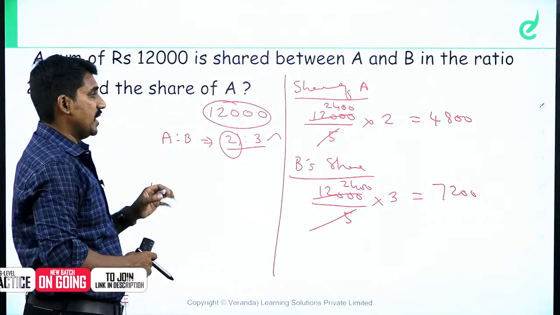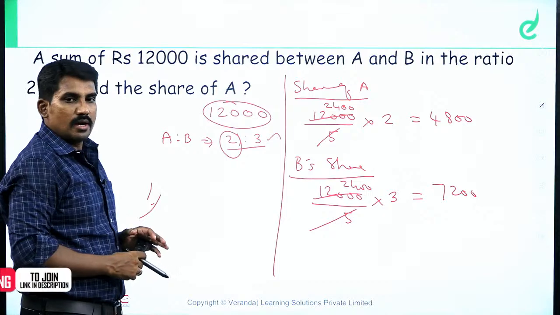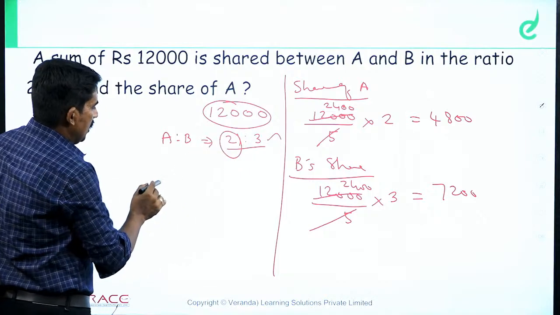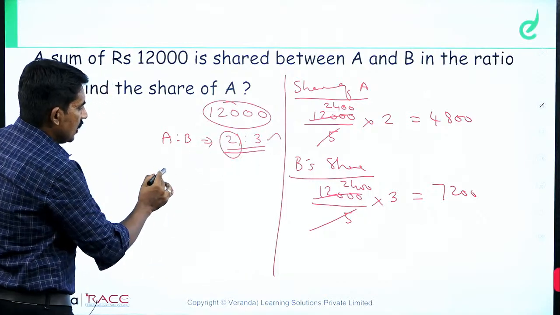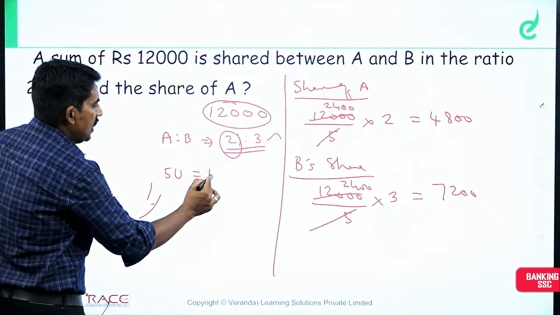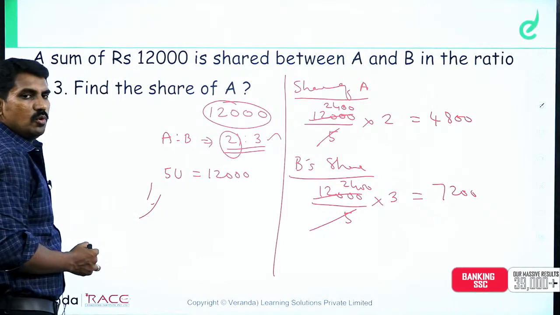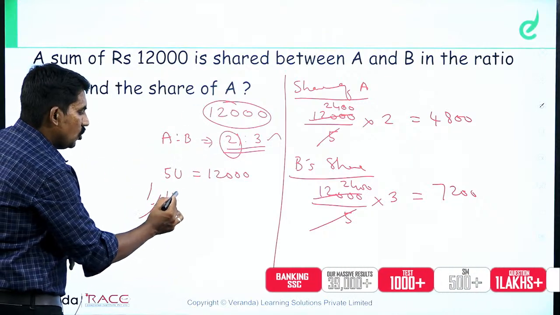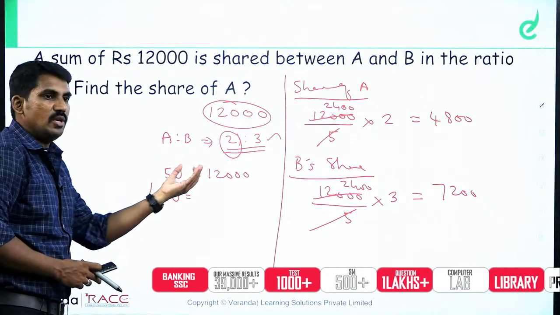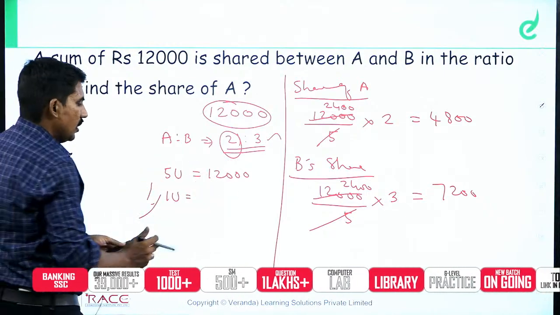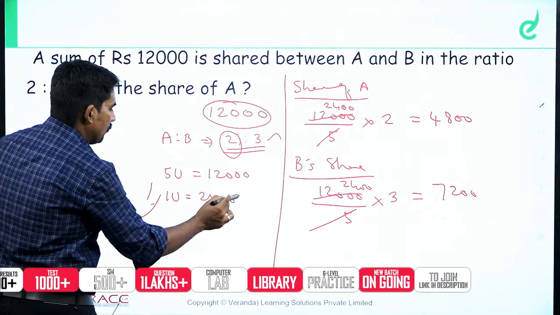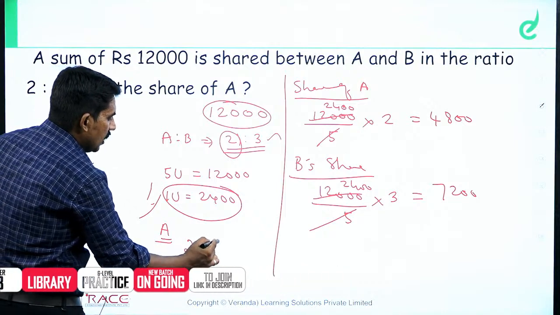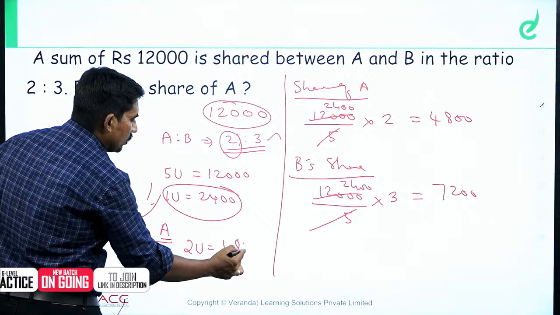This is the basic method, basic understanding. Right? Clear? Now, normally how we can solve is, listen: A, B, 2:3. Therefore, the total 5 units is equal to 12,000. Therefore, what does 1 unit mean? 5 units is 12,000, 1 unit means dividing by 5. Therefore, 1 unit is 2,400. A has 2 units, therefore 2 into 2,400, 4,800.